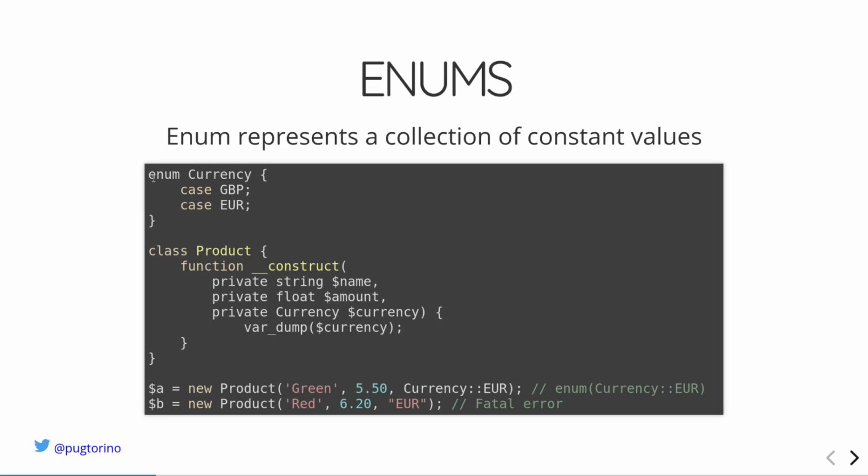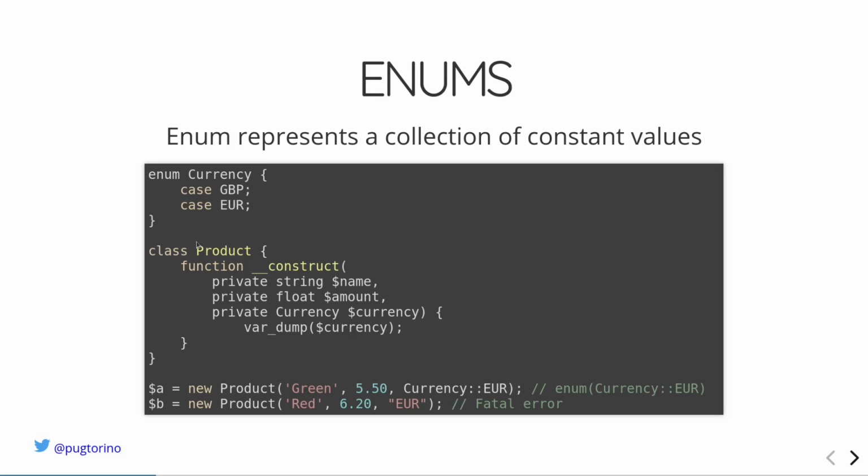Basically you have the enum keyword, the name, for instance in this case Currency, and curly brackets with the list of all the constant values expressed using the case operator. So for instance here we have GBP for the British currency, and EUR for the euro currency.